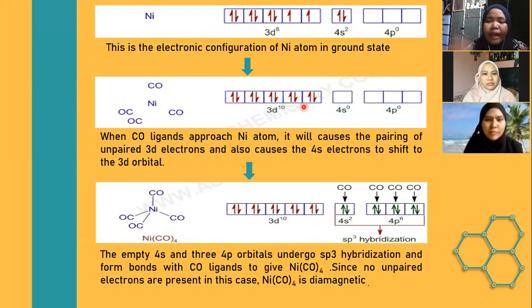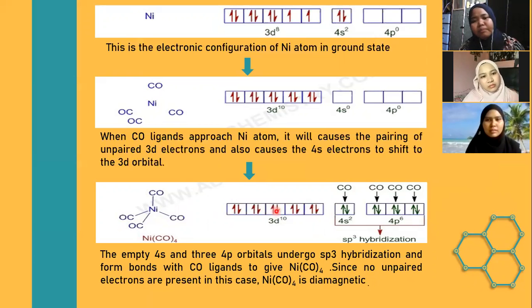The empty 4s and 3 4p orbitals will undergo sp3 hybridization, and form bonds with the CO ligands to give this coordination compound, tetracarbonyl nickel. This compound is tetrahedral because it undergoes sp3 hybridization.